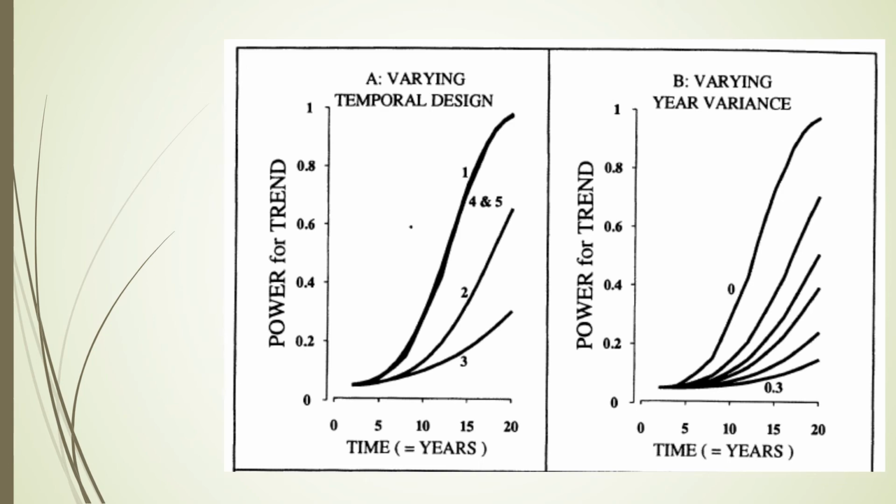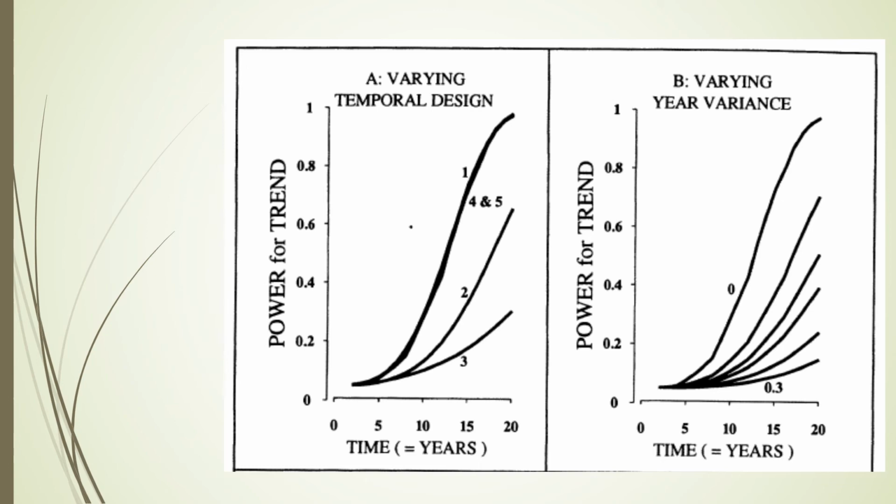And here is just displayed the results of the panel 1 design, so constant sites over time, which is generally, again, what most of us are going to be using.